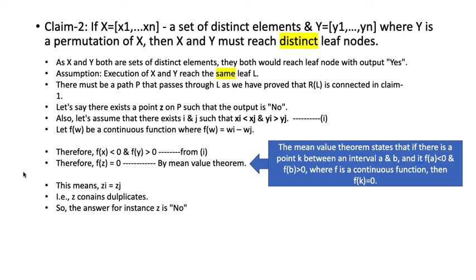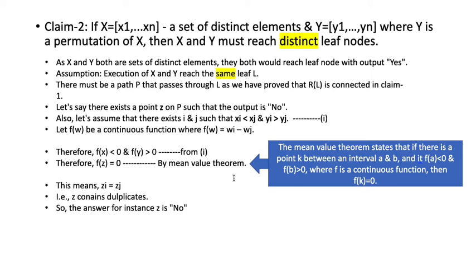Now let's say that there exists a point Z on path P such that for Z the output is no. Now we need to prove this contradiction. If we somehow manage to prove that Z reaches a leaf node with no as output, then this claim is going to be proved.